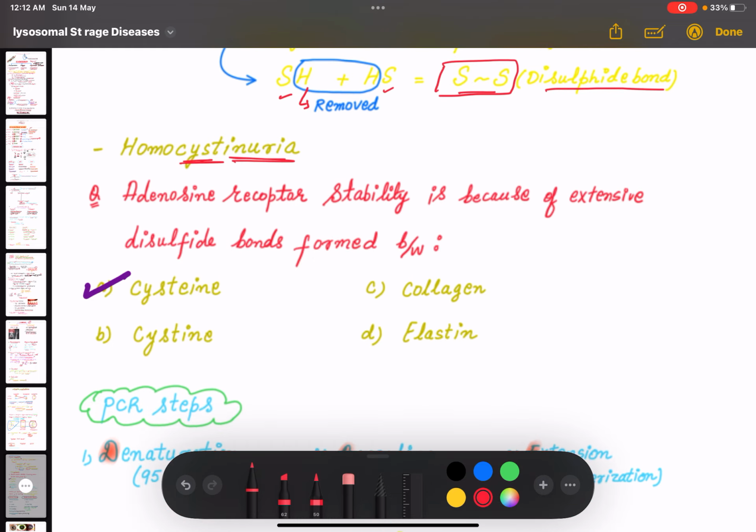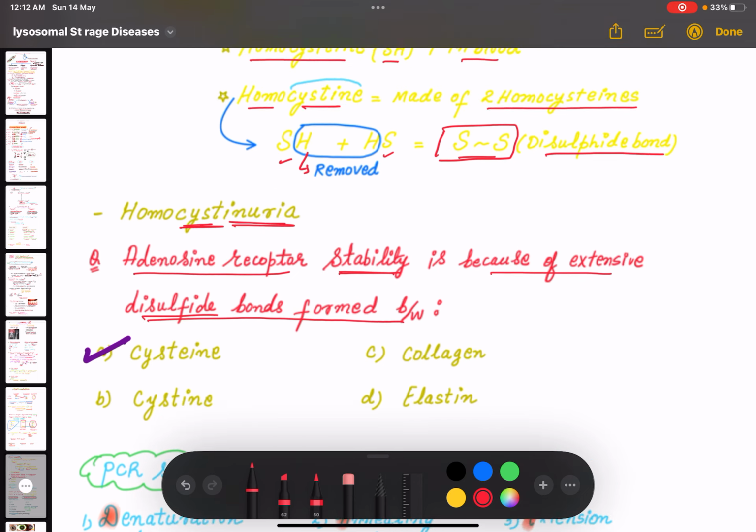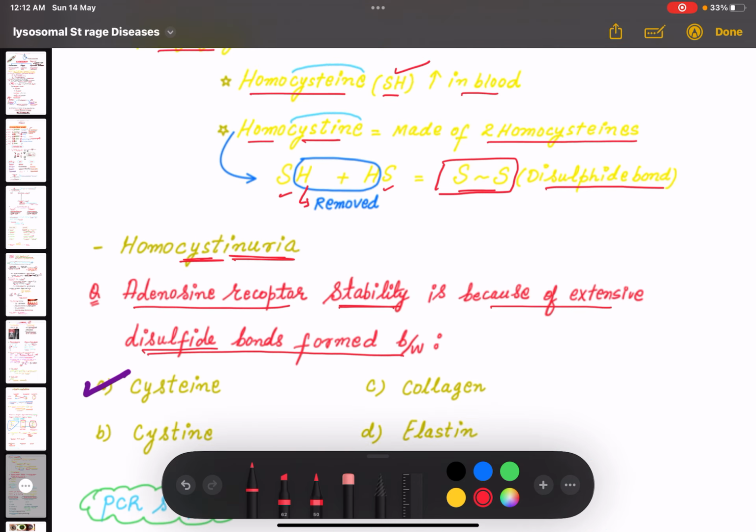Okay, there is a receptor which is known as adenosine receptor. Its stability is due to extensive disulfide bonds between. I have told you that disulfide bonds are present in what?